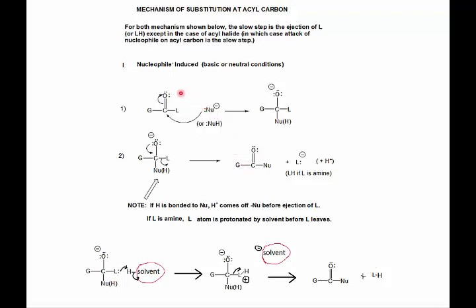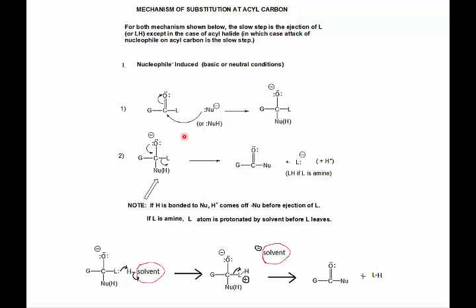For the vast majority of substrates, the L group leaves just as we're showing here, with a pair of electrons to make L minus. But if L is a nitrogen, an amine, then there is a difference. Nitrogen as a leaving group is terrible.